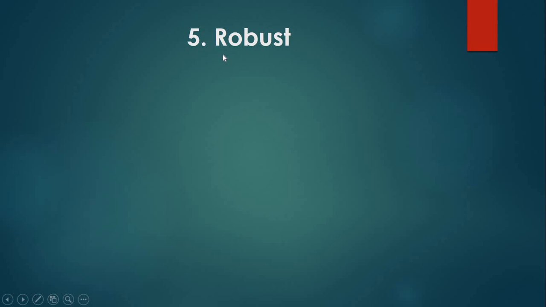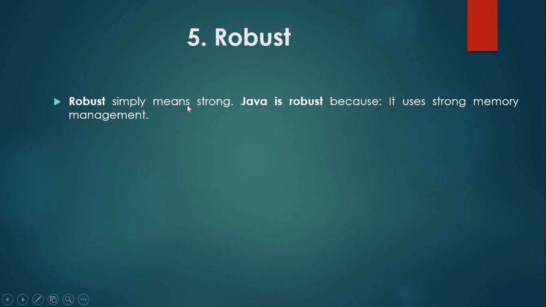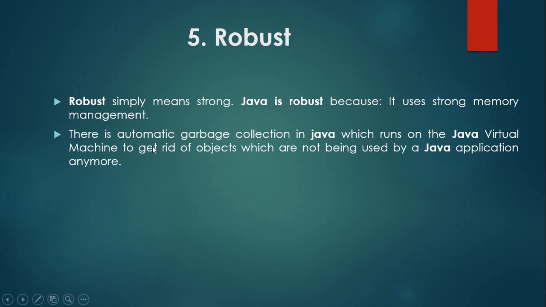The fifth feature is robust. Robust means strong. Java is robust because it uses strong memory management. There is automatic garbage collection in Java, which runs on the Java virtual machine to get rid of objects which are not being used in the Java application.